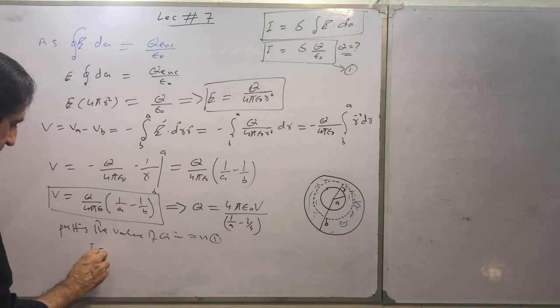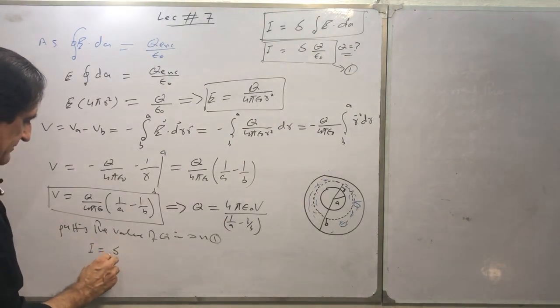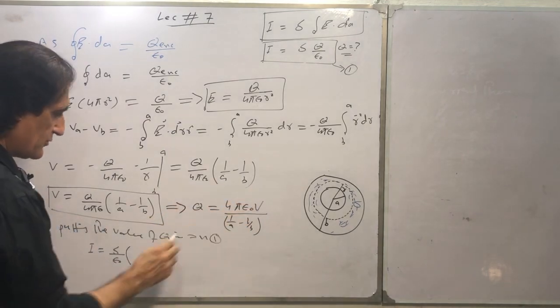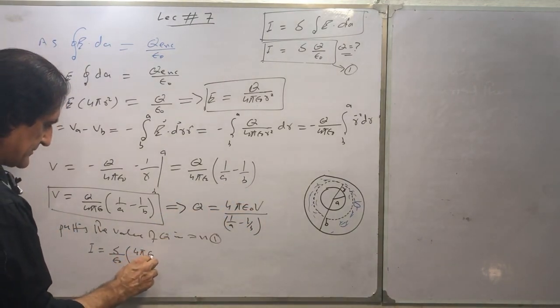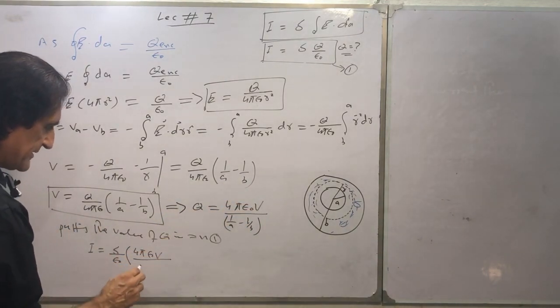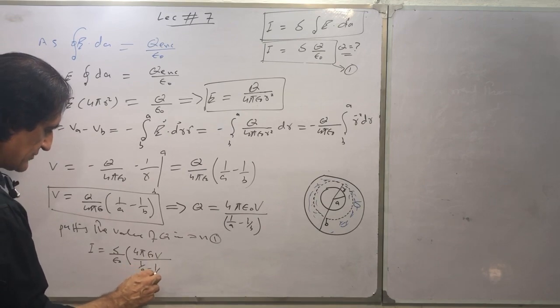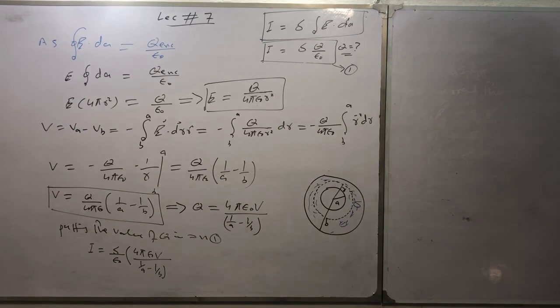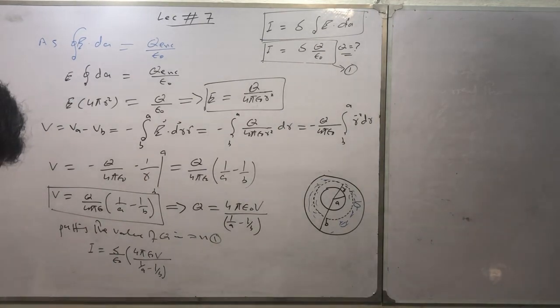Then we have the current, sigma divided by epsilon naught, and the value of Q is 4 pi epsilon naught V divided by 1 over A minus 1 over B. And this is the final.